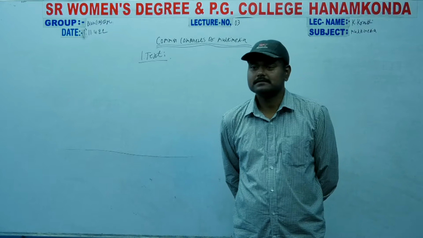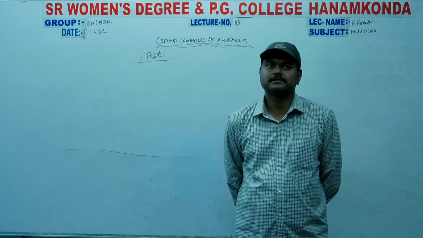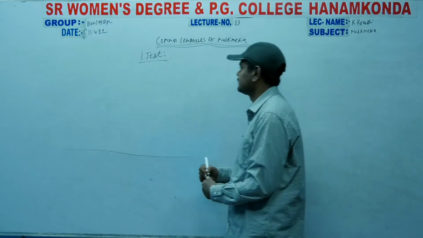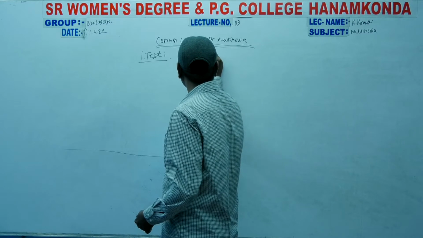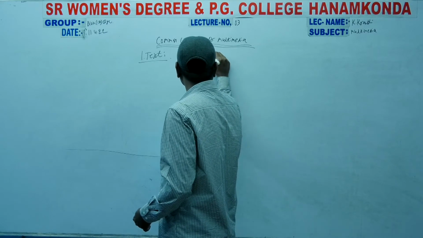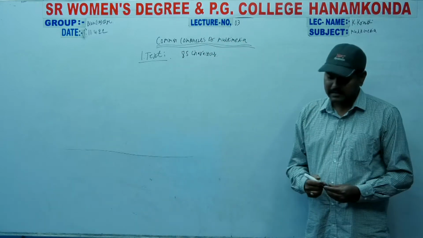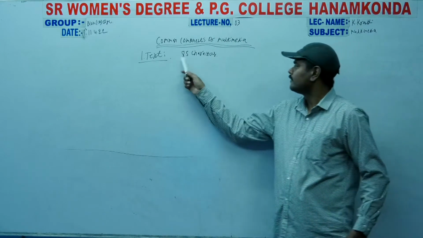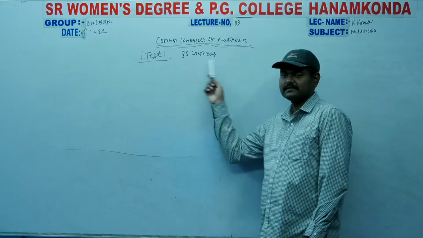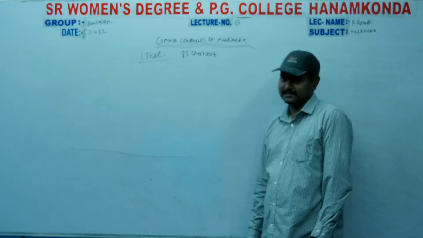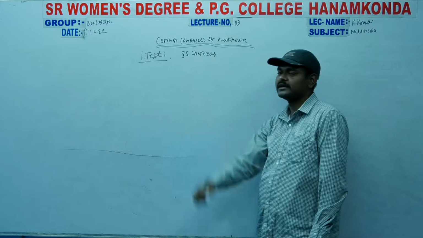In that message, I used how many characters? 85 characters. So this we can call the amount of text, and this amount of text is a common element.